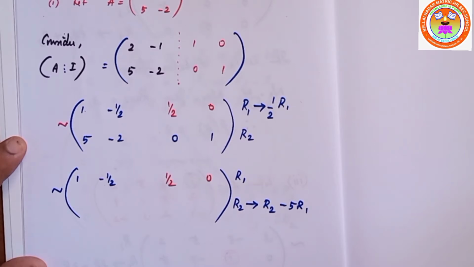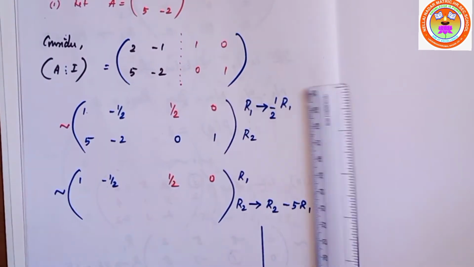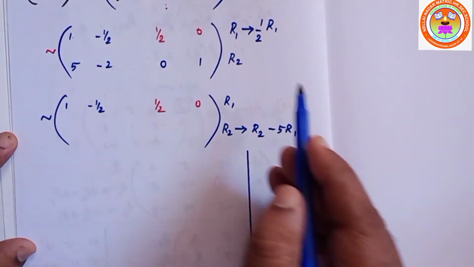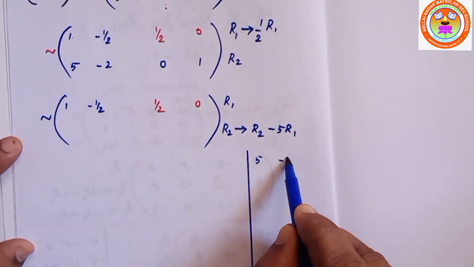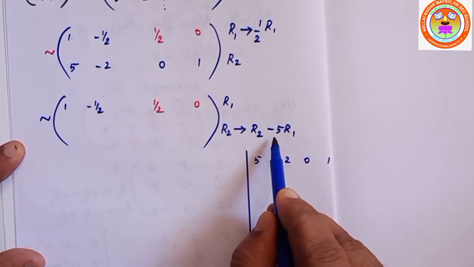So for our reference, I do the calculation here. R2 that is 5 minus 2 0 1, multiply R1 by minus 5.